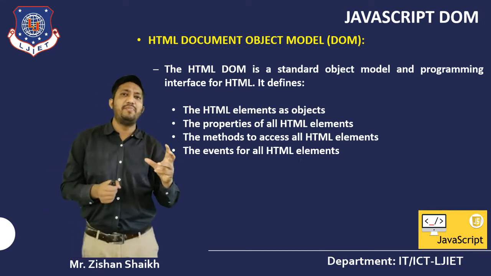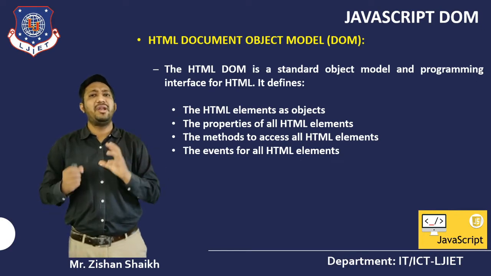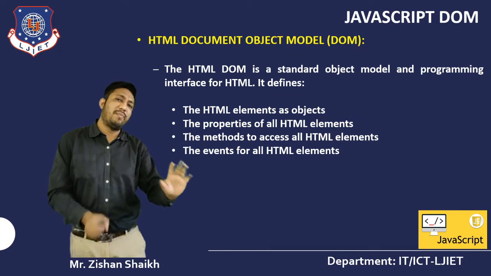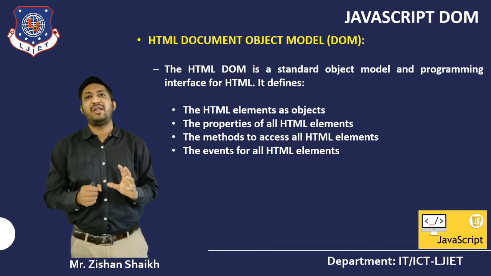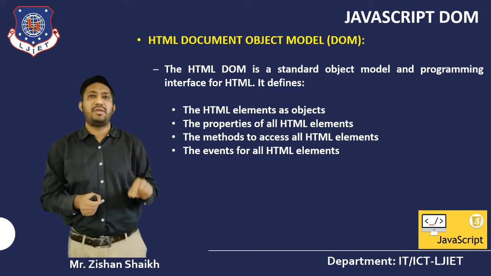If you have the object and class concept, then you can easily access, insert, update and delete. But normal HTML is a static language and we cannot manipulate it. That's why the DOM comes in.